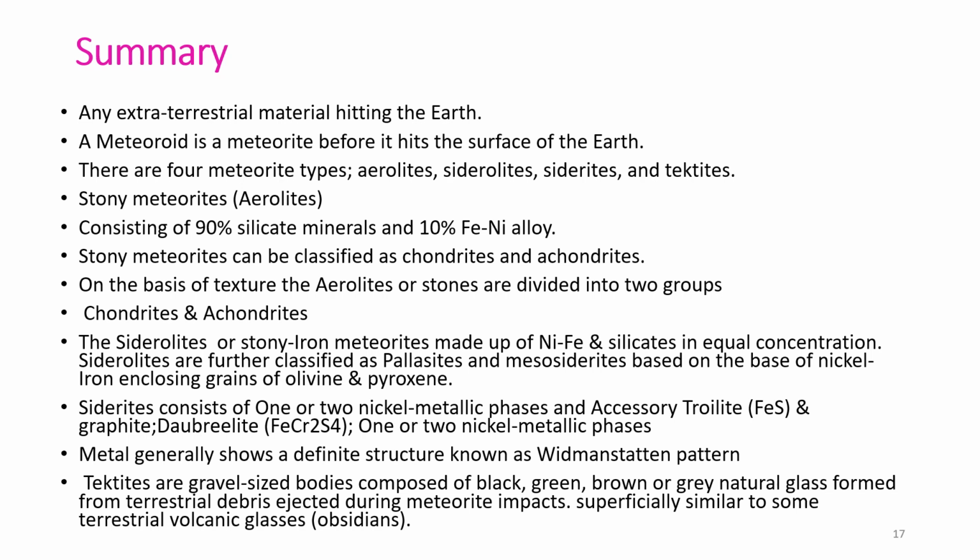Siderites consist of one or two nickel-iron metallic phases and accessory troilite, which is iron sulfide, graphite, and daubreelite, that is iron chromium sulfide. Accessory troilite, graphite, and daubreelite are all constituents of the siderites. And the metal generally shows a definite structure known as the Widmanstatten pattern.